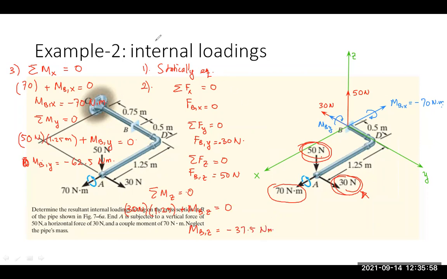Because it is negative, we have to draw the reaction moment here. So it will rotate in this direction. So this is the moment created, the reaction moment at point P in z direction.